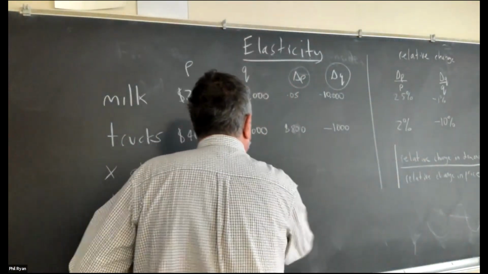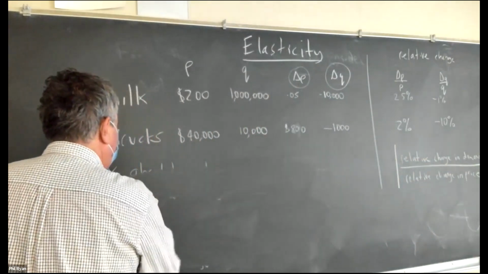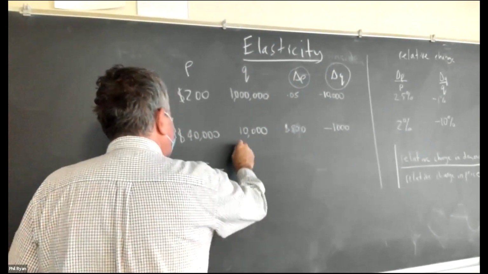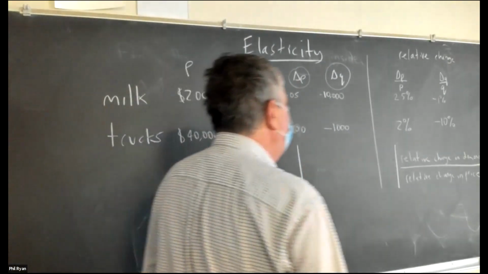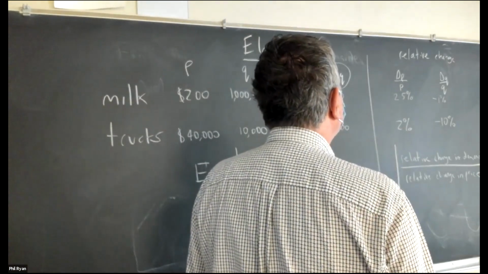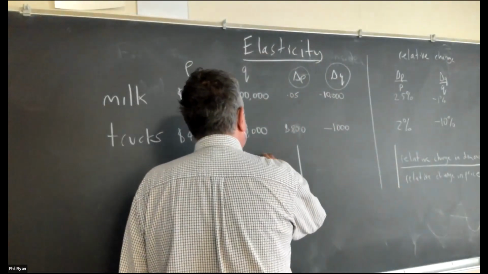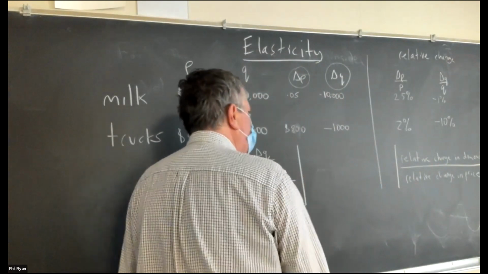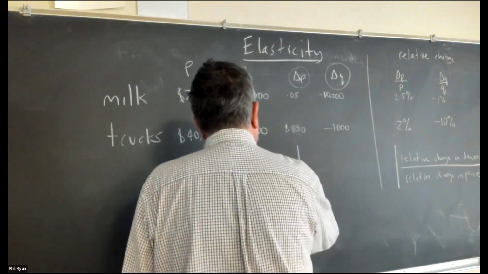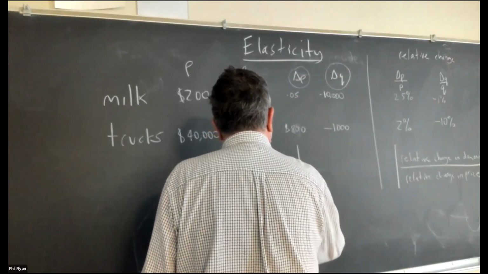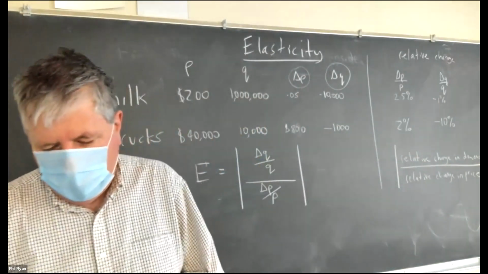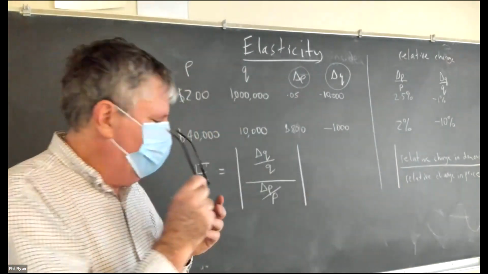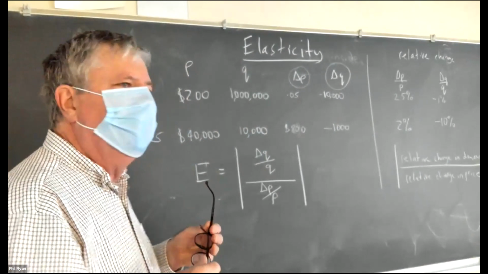So E equals the absolute value of the relative change in demand. Well, that's delta Q over Q. Relative change in price is delta P over P. Okay, so we want to change this into a derivative.